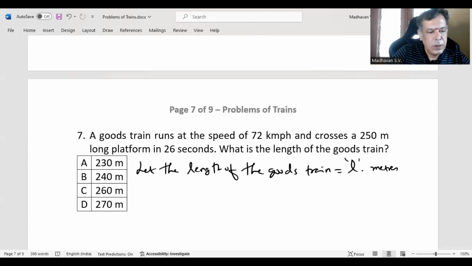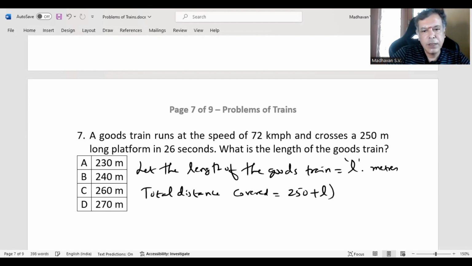Now, total distance covered will be 250 meter long platform plus the length of the train. So this much of meters. Let us call that D.